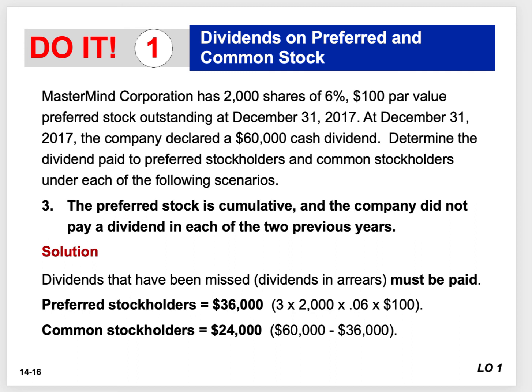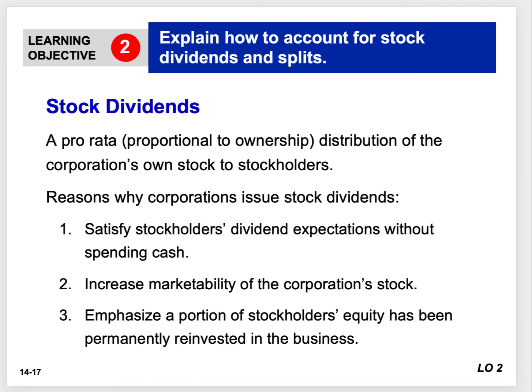The dividend declared this year was 60 grand minus the 36,000 that we need to pay the preferred stockholders that have this cumulative stock. So the amount that's going to be distributed to common shareholders is $24,000. Okay?